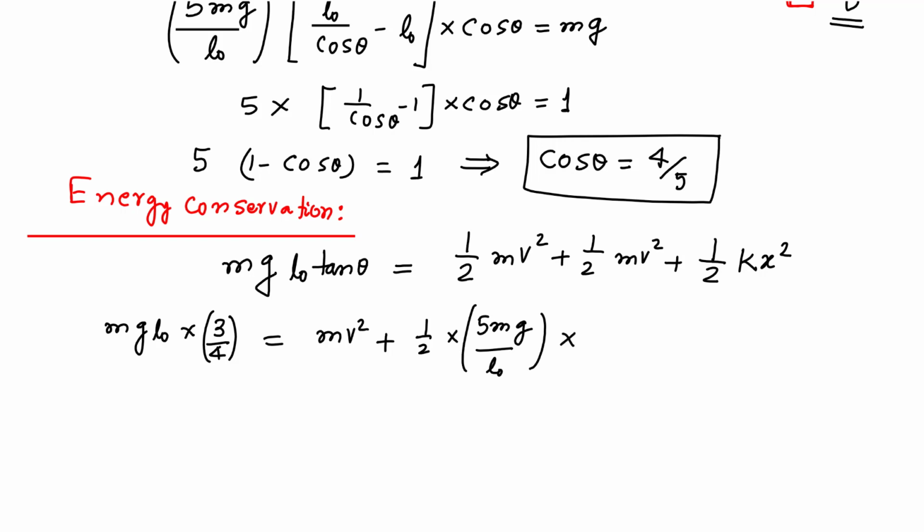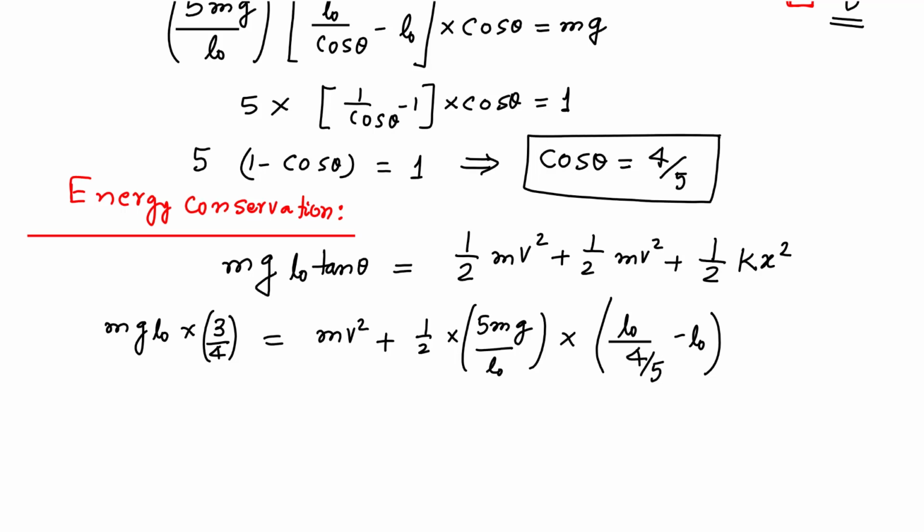x is nothing but, if you remember, L naught divided by cos theta minus L naught, and cos theta is 4 by 5.